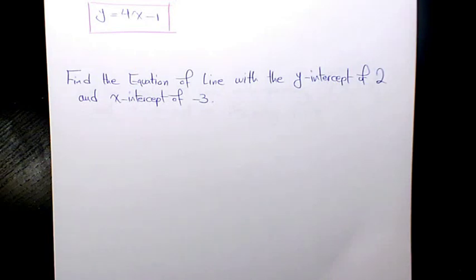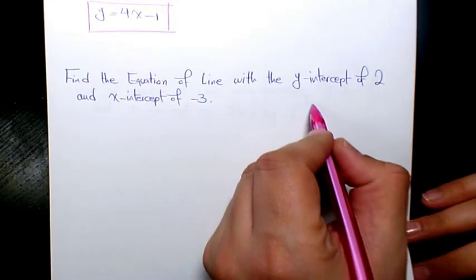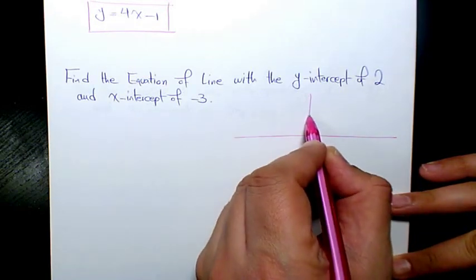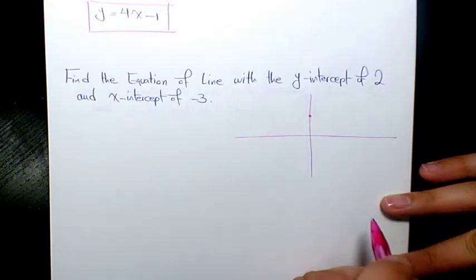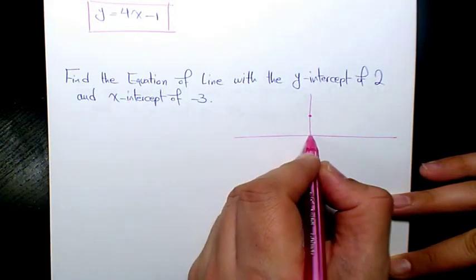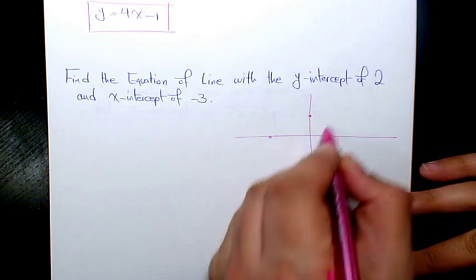This example, it says, find the equation of line with the y-intercept of 2 and x-intercept of negative 3. So, as we said earlier, y-intercept is going to be somewhere that line crosses the y-axis, and x-intercept is where line crosses the x-axis.